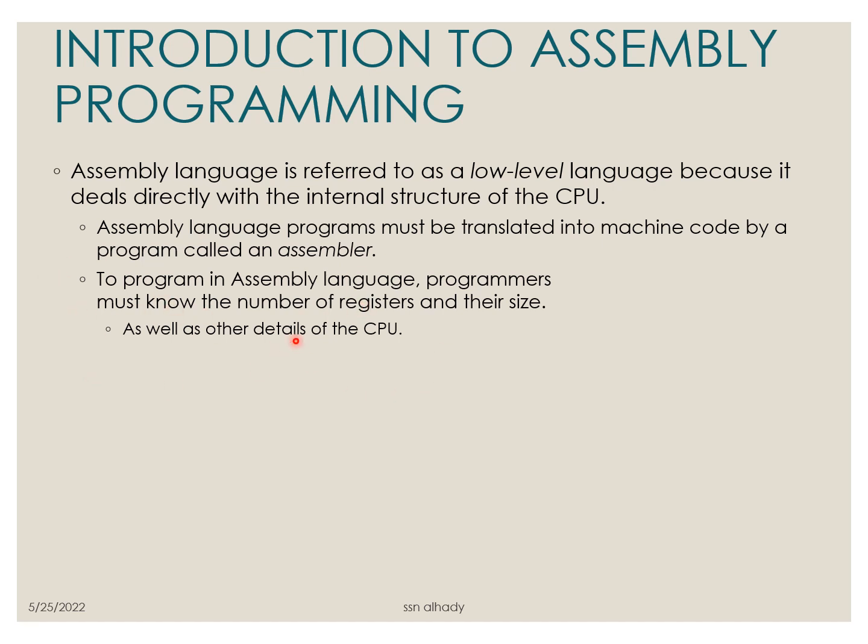To program in assembly language, the programmer must know the number of registers and their size. That is why, if you are going to use a low-level language, you need to know the number of registers and their size, as well as other details of the CPU, meaning the architecture of the CPU.